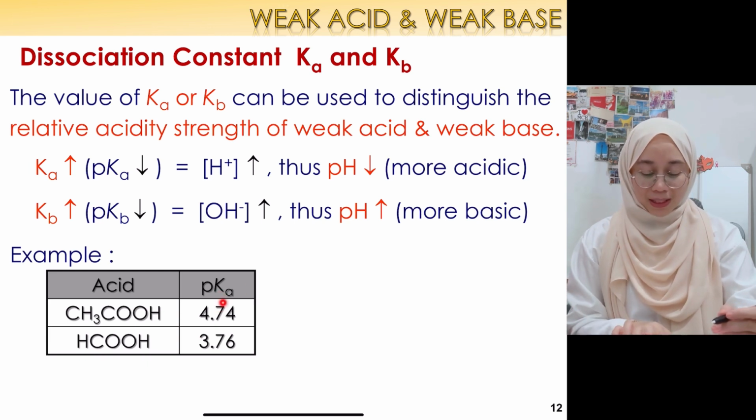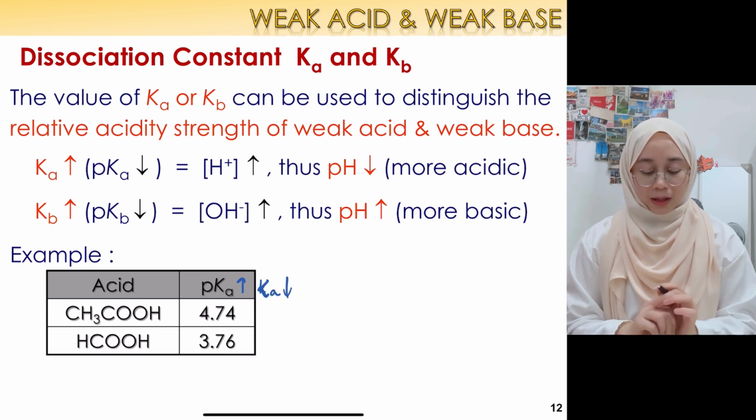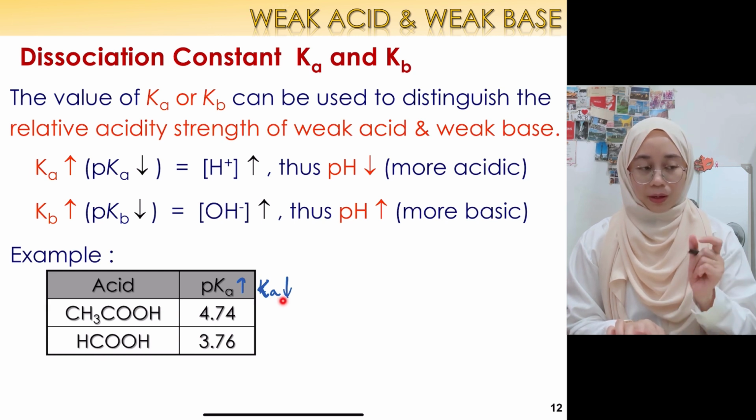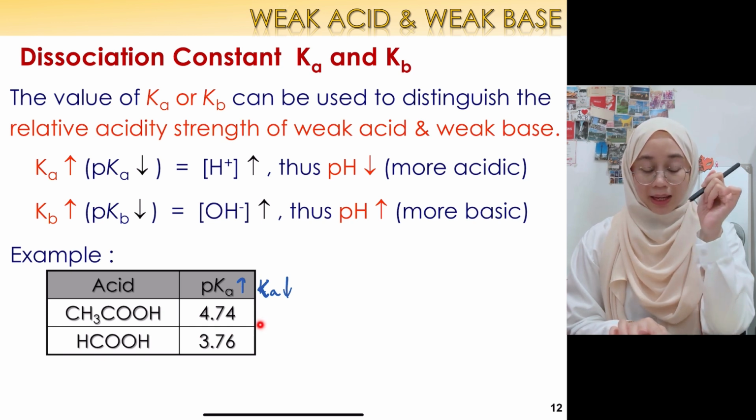Okay, so pKa Miss tahu dia inversely proportional to the Ka. So kalau pKa tinggi, so Ka kita rendah. Okay, so kalau Ka rendah bermaksud pH akan tinggi. Okay, so kalau kita nak cari yang more basic, so kita kena cari Ka yang lagi rendah.